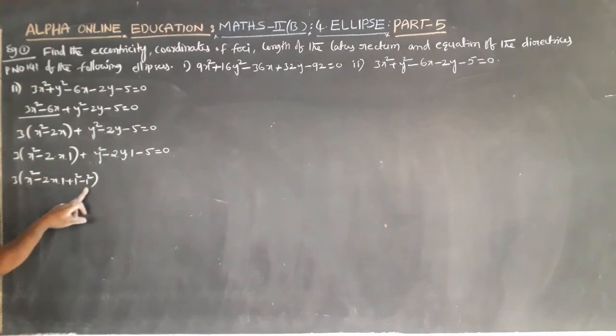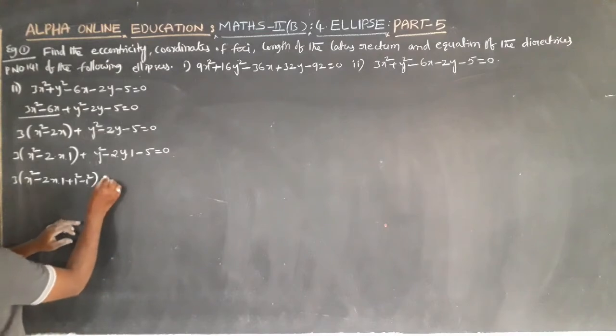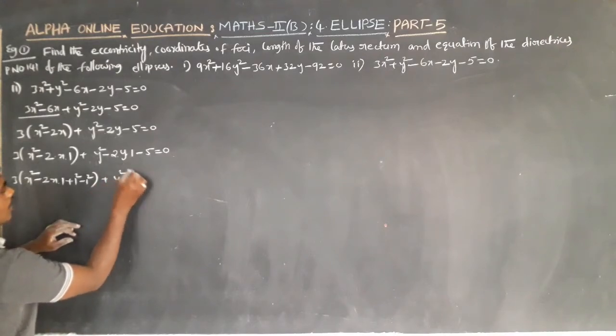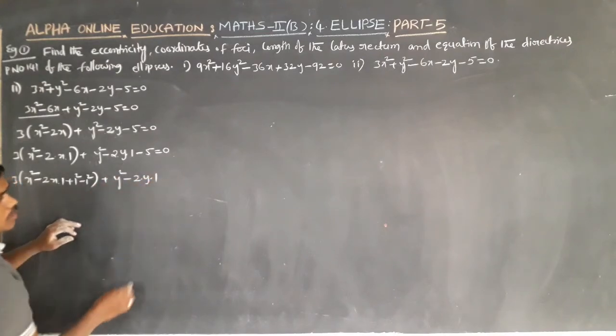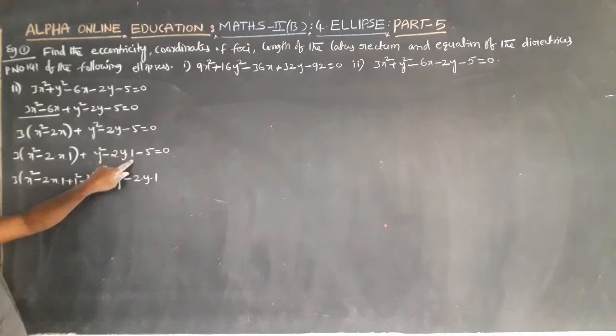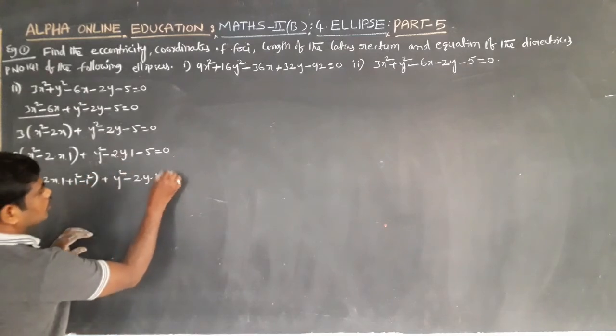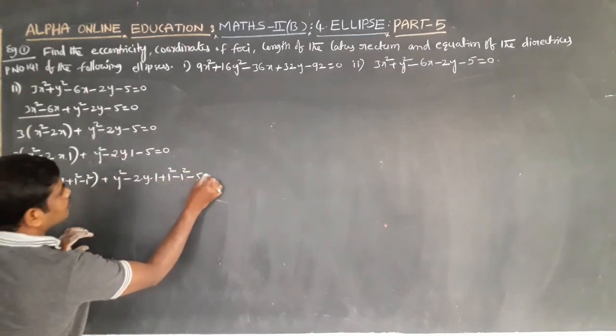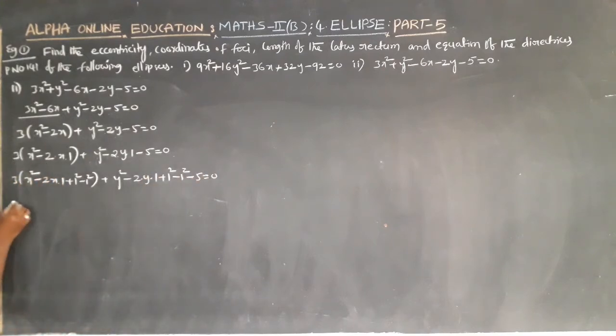Similarly for y² minus 2y into 1, this is also the form a² minus 2ab, and here also b is equal to 1, so we add and subtract 1².